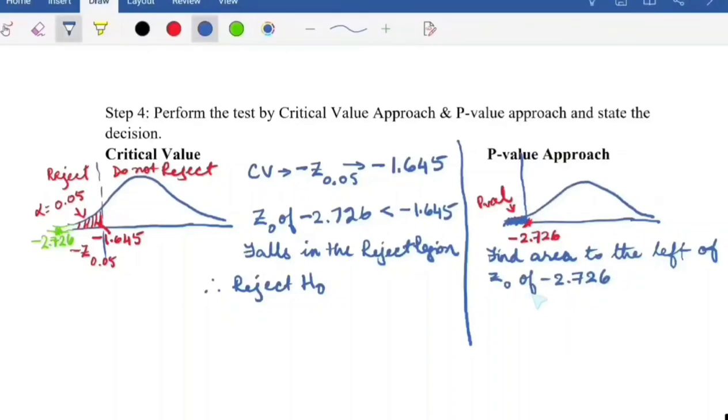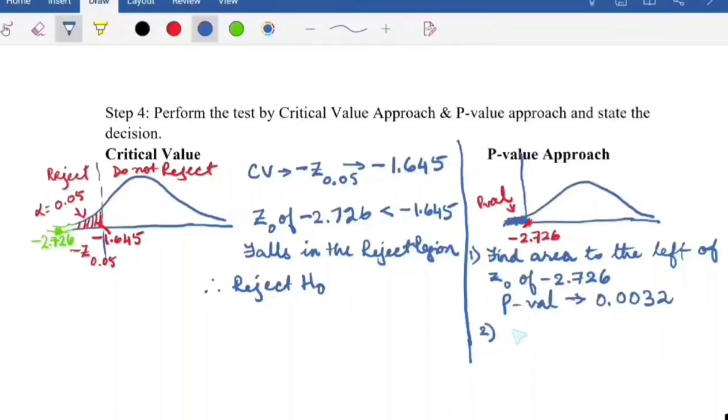So the p-value is 0.0032. It's a very small value, so we can clearly see that it's going to be less than alpha, right? So that was the first step to find the p-value.